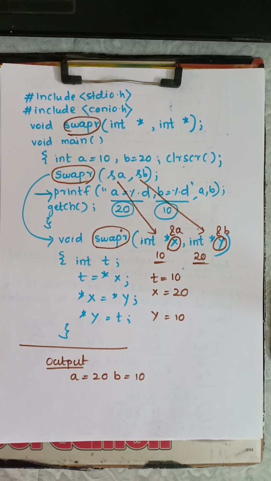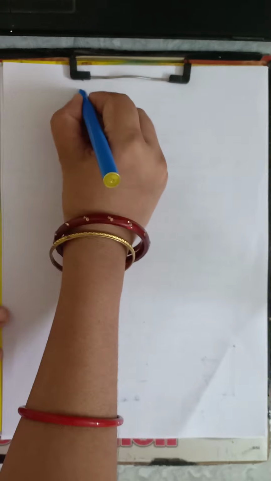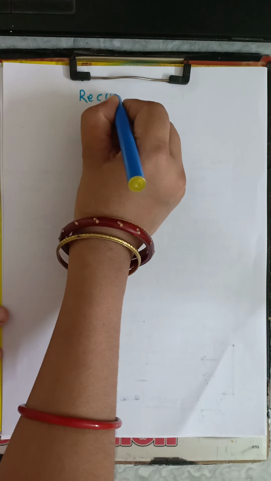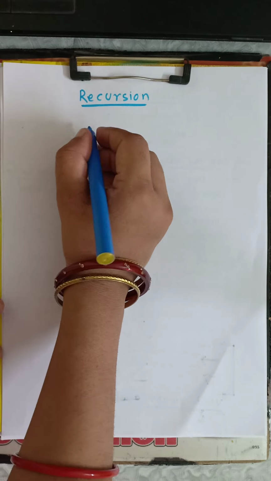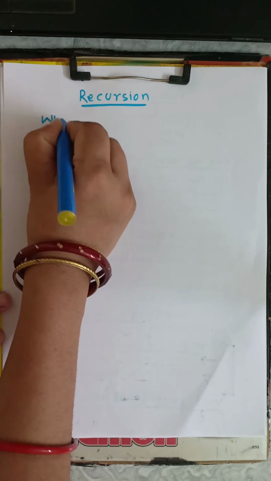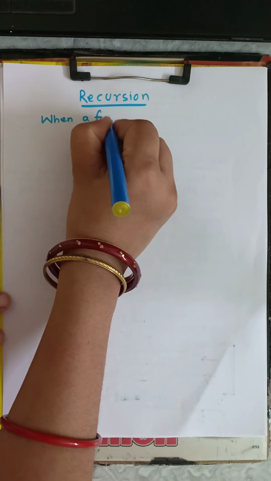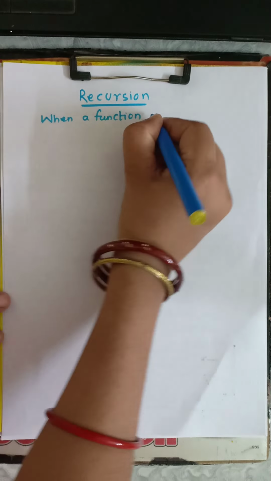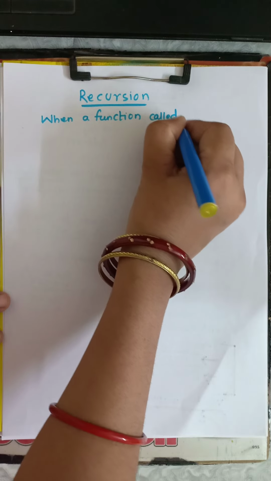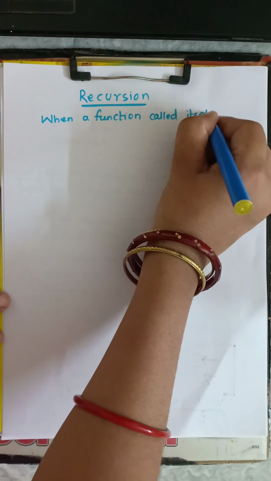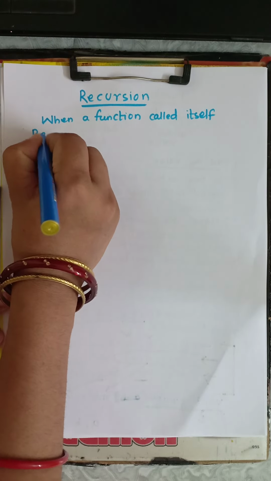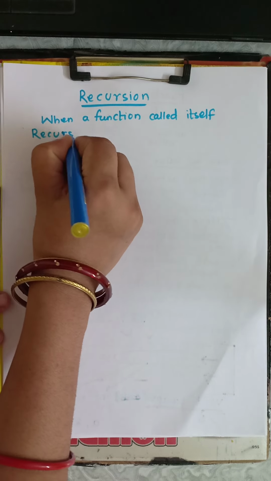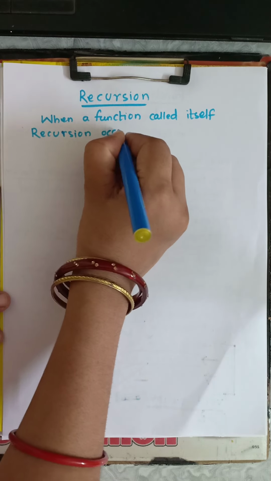Okay, next we are going to discuss function recursion. So what is this? When a function calls itself, that is, the same function calls itself, then recursion occurs.